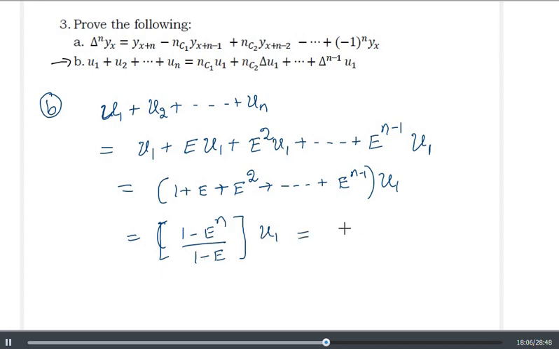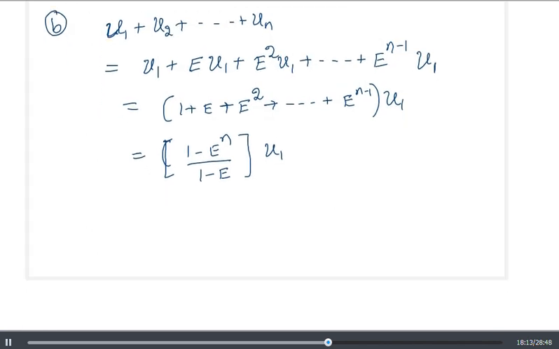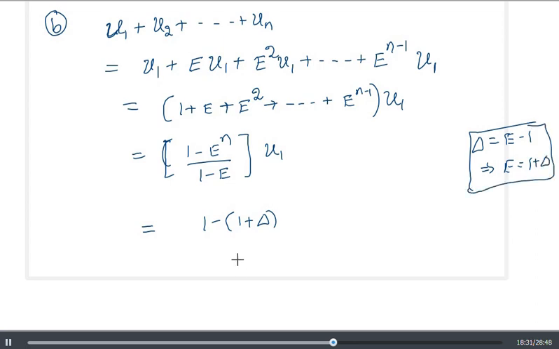Now this equals 1 minus of 1 plus delta, why? Because we know delta equals e minus 1. This is what we know, so that implies e equals 1 plus delta. So 1 plus delta whole power n divided by, and e minus 1 is nothing but delta, so minus delta here, acting on u1.